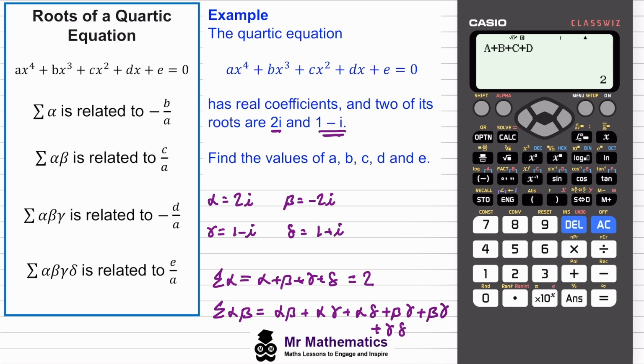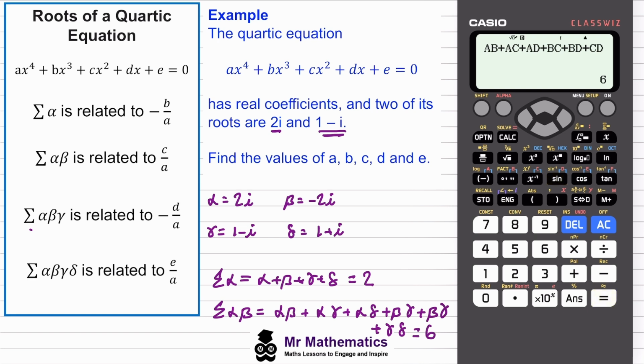Putting this into our calculators, we'll have ab plus ac plus ad plus bc plus bd plus cd, and this will give us 6.